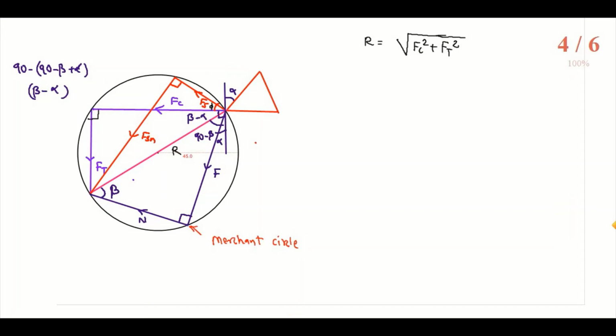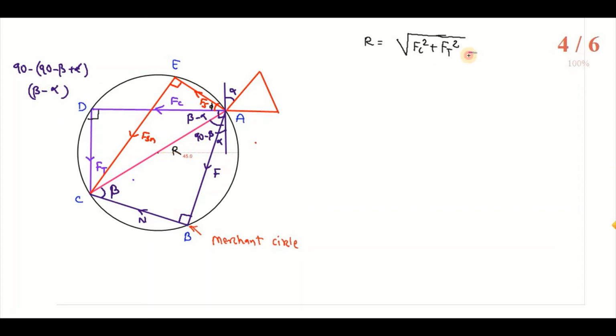Now here we are getting three right angle triangles, that is ABC, then ADC, and AEC. All these three right angle triangles have the common hypotenuse, that is R, which is resultant.